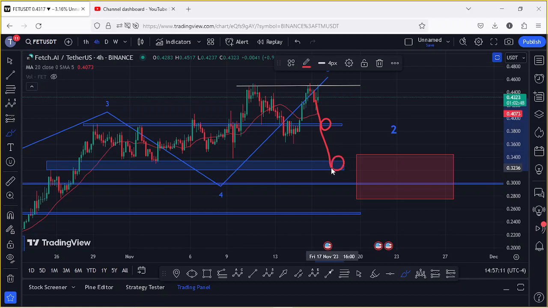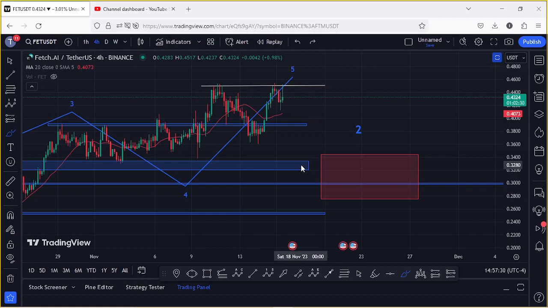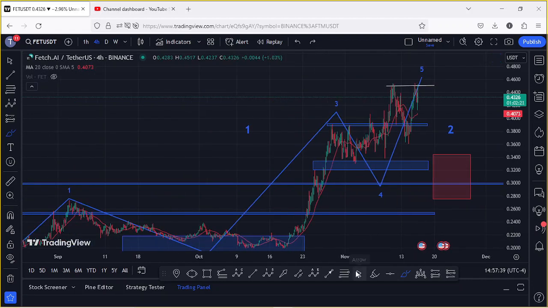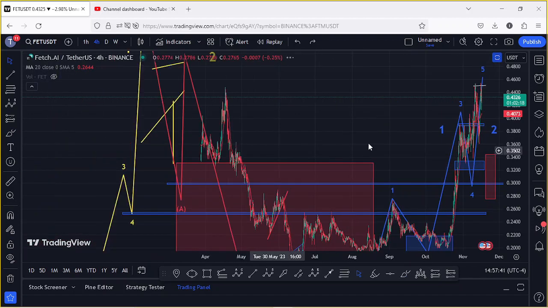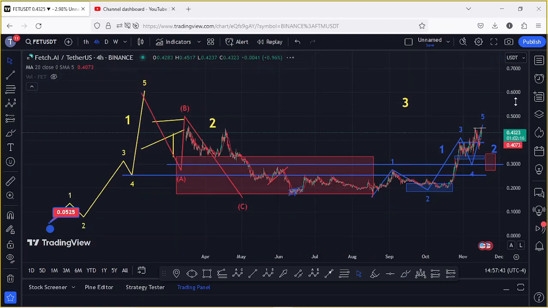And in case we see a pullback into that area, then that means that we have managed to get into our minimum pullback target area over here for the second wave, and there are chances that we can see a reaction to that and start an impulsive move to the upper side in the formation of that wave 3. But in case we lose the $0.33 mark, expect further pullback to the $0.3 mark, where we have our next key areas of support. So those are the areas that we need to keep our eyes on in case a pullback plays out.